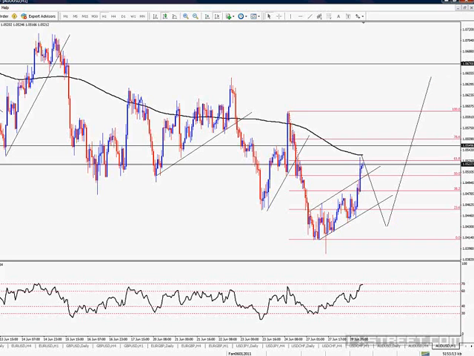Okay, so that's one scenario we have to maintain in the back of our heads if we are looking for a bearish continuation.